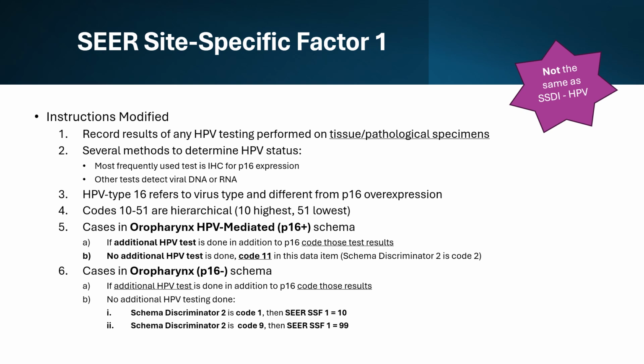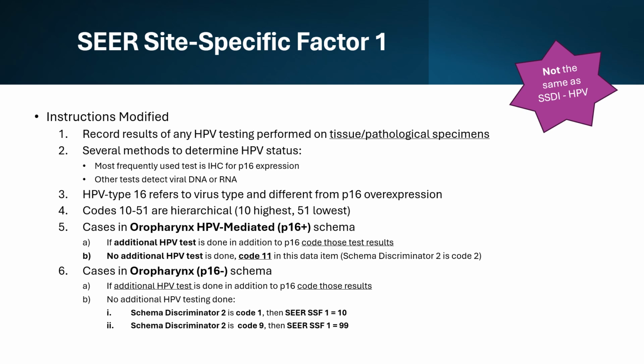The codes have been updated as well from a 1-digit to a 2-digit code, codes 10 through 99. For this data item, codes 10 through 51 are hierarchical, with 10 being the highest, 51 being the lowest.